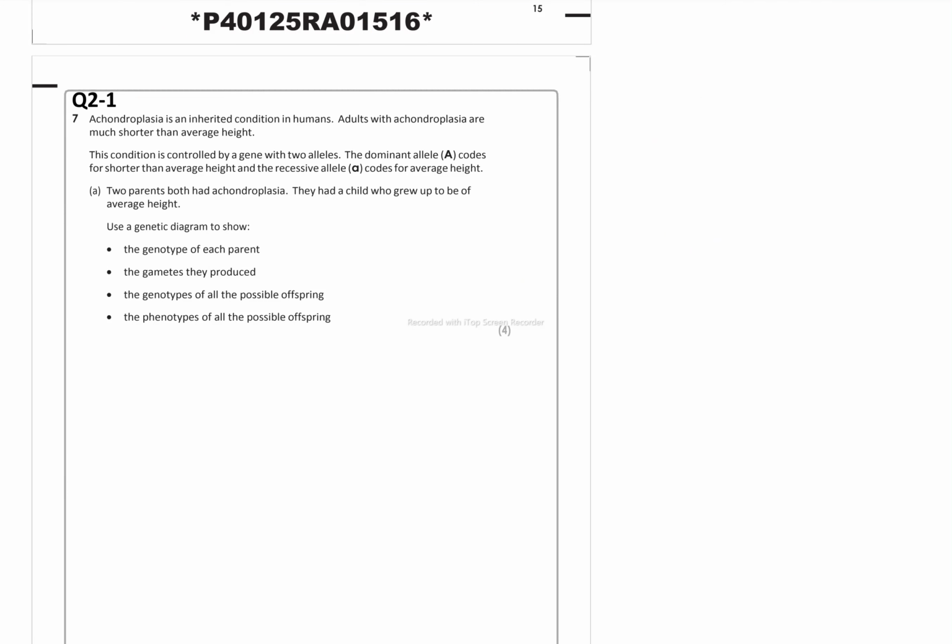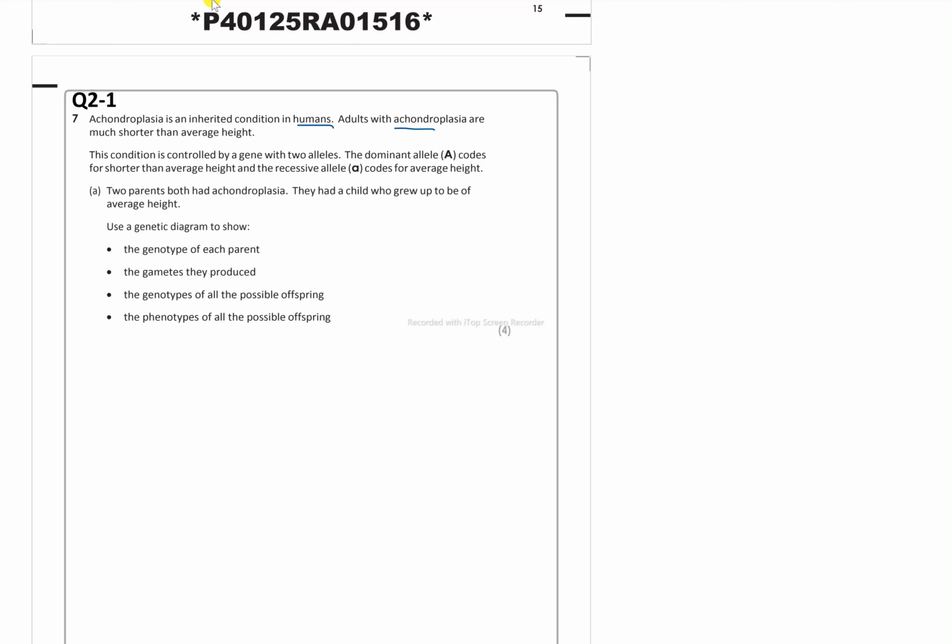Achondroplasia. Try saying that when you're half asleep. Achondroplasia is an inherited condition in humans, and adults with achondroplasia are much shorter than average height.